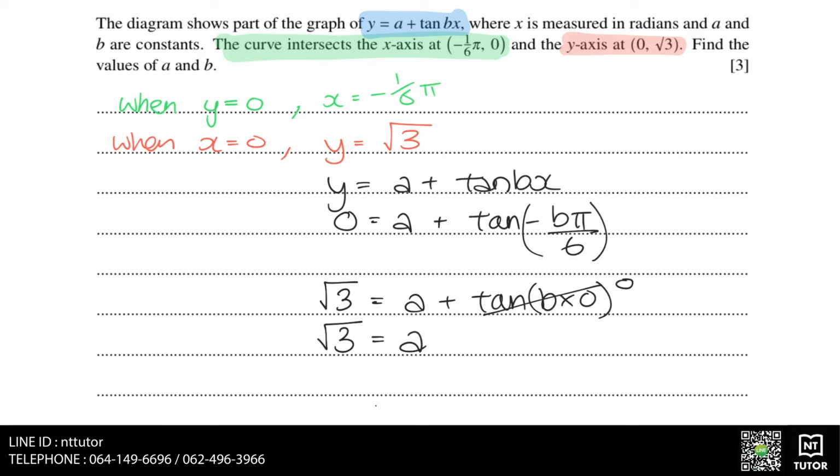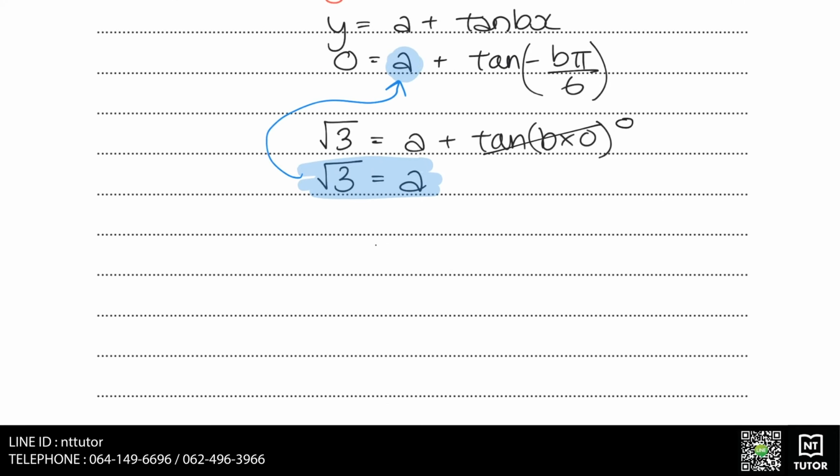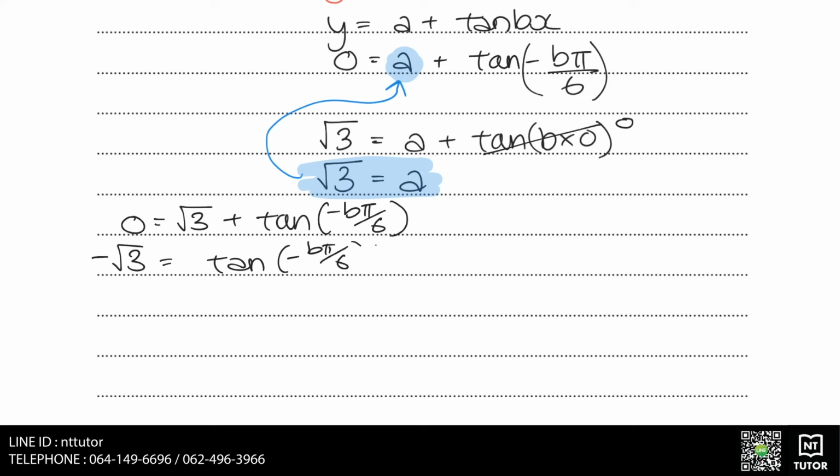From substituting x equals 0 and y equals root 3 into the equation of the curve, we get the value of a equals square root 3 right away because tan 0 is equal to 0. And now that we have the value of a, we can substitute this value of a back into the equation with y equals 0 and x equals minus 1 over 6 pi and use it to solve for the value of b.